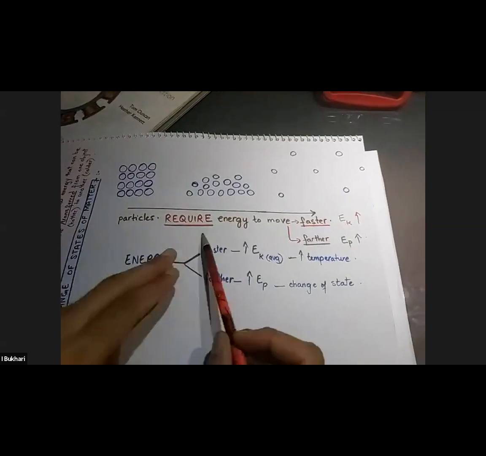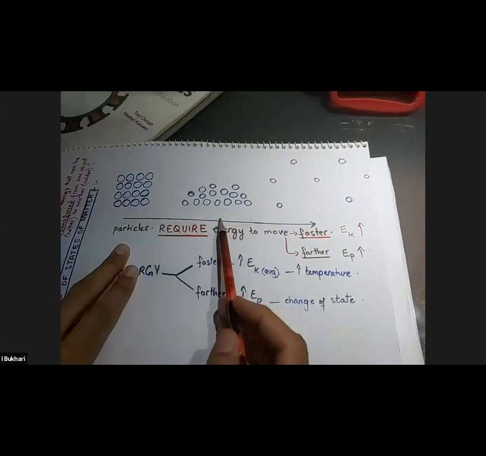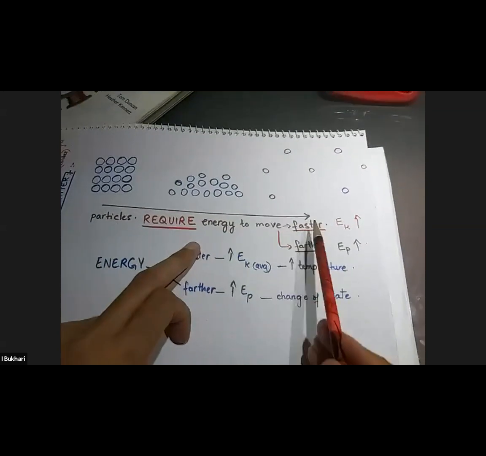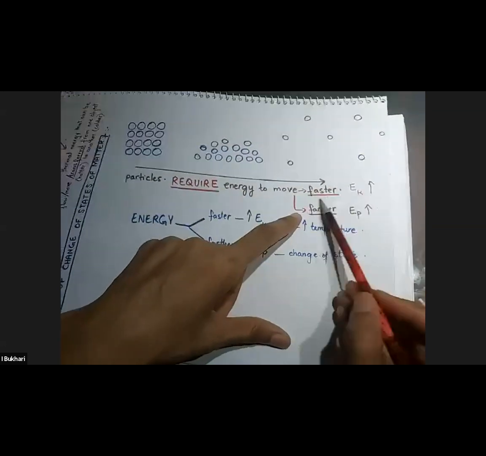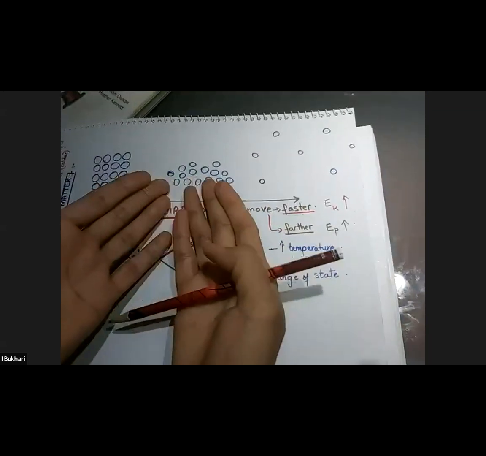So as we are providing energy, it is used to do two jobs. One is to increase their motion, that is, to increase their average kinetic energy, and average kinetic energy is temperature. So faster motion means more energy of motion. The other job they're doing using the same energy is to move farther away from each other.